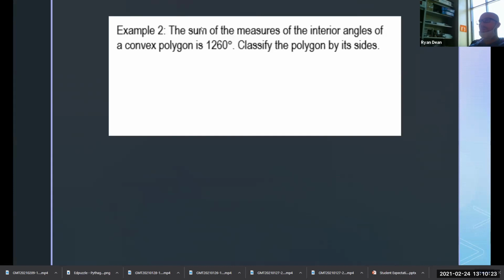This example gives us the sum of the measure of the interior angles, and it wants us to classify this polygon by its sides.